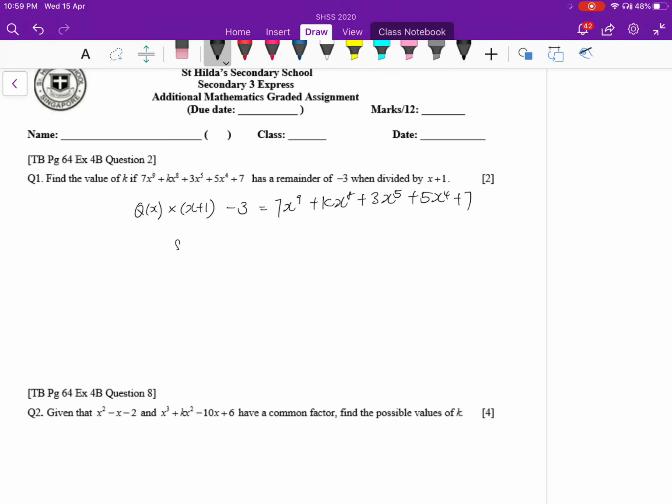We just do smart substitution and we just substitute x equals to minus 1 in it. When we substitute x equals to minus 1 in it, this entire expression becomes 0, leaving only minus 3.